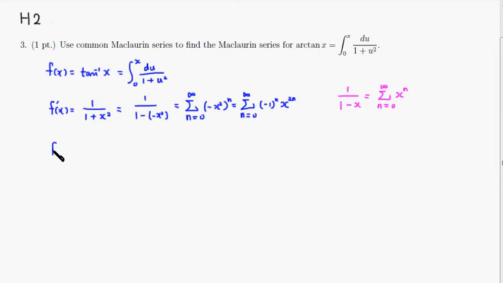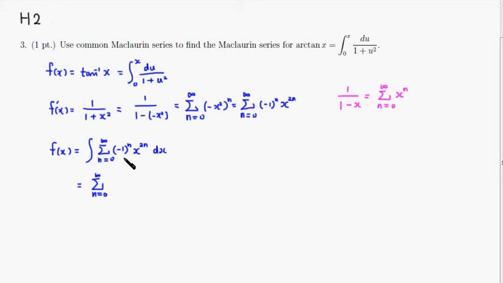Since this is the derivative of what we want to find, we can take the antiderivative. So f of x is equal to the antiderivative of that summation, n goes from 0 to infinity, negative 1 to the n times x to the 2n power with respect to x. We can take the antiderivative term by term, so we can put the integral sign inside and the summation sign outside.